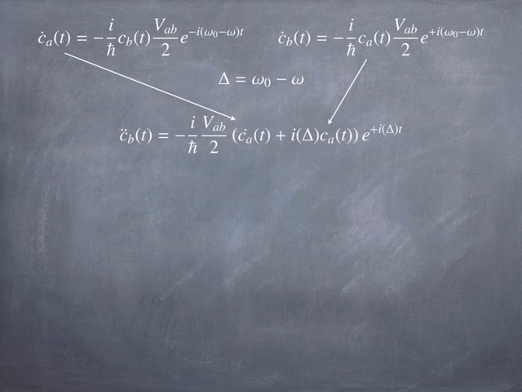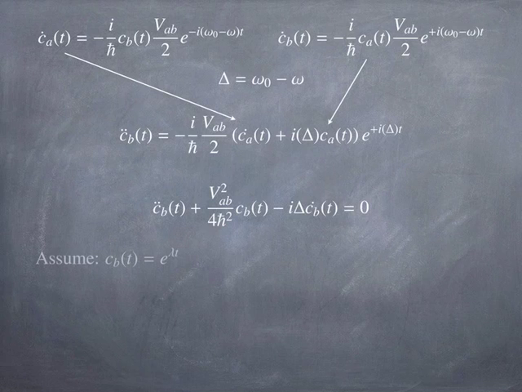It's already solved for CA dot. I'll plug that in, and after a lot of algebra, which I'm not going to reproduce, you end up with this expression, which is a simple second order differential equation for CB. Notice you've got a CB double dot, a CB dot, and a CB. This is screaming for a characteristic equation.